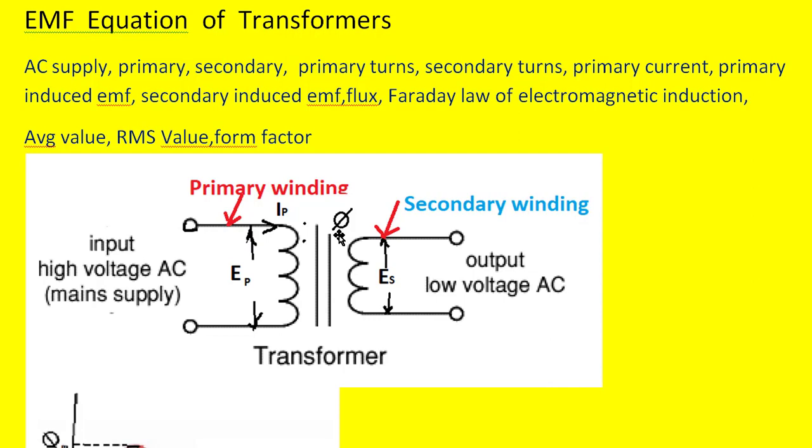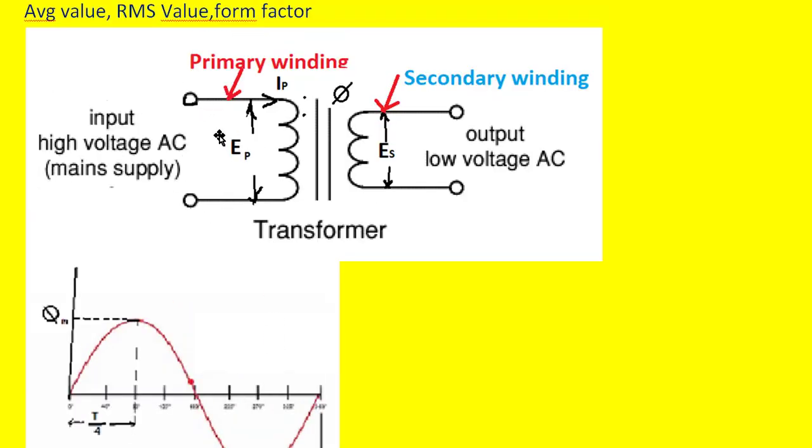So if we look at the waveform of the flux, we find the flux waveform like this. This is a sinusoidal waveform. So this waveform will have a frequency, and that frequency depends upon the supply frequency. That same frequency is applicable to this flux.